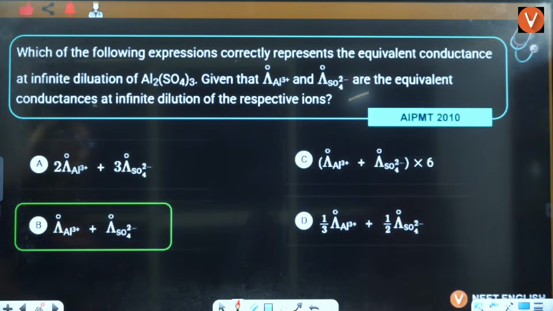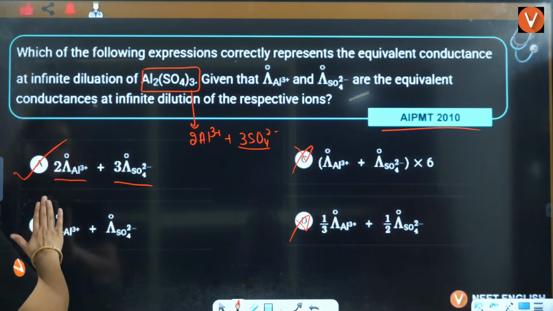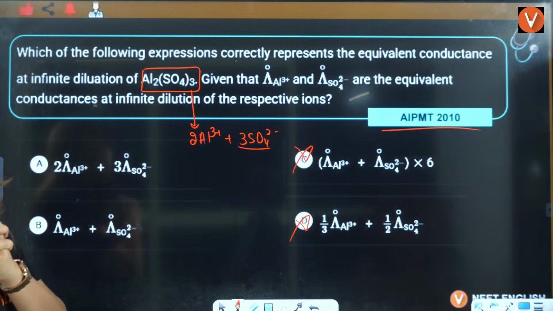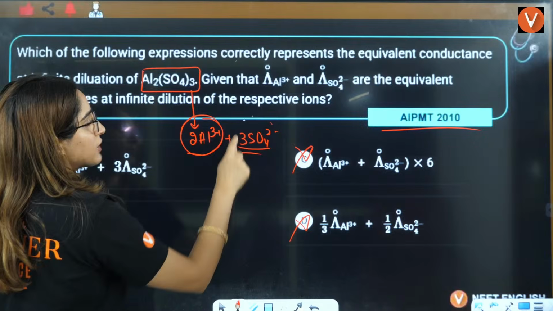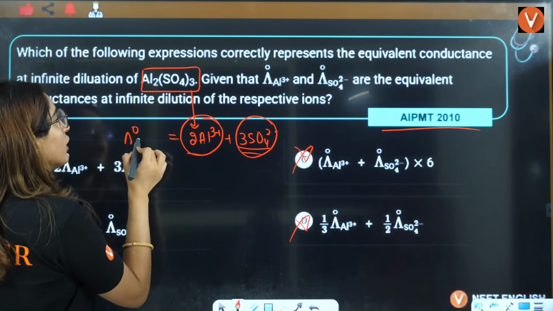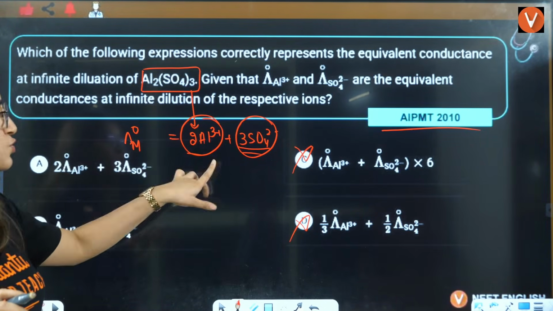Okay, so that's how, wait a minute, given these are equal, acha, they're asking you the equivalent conductivity. Yes, that's what I was thinking. Yes, equivalent conductivity. They are not asking you guys the molar conductivity. In molar conductivity, you will multiply it with the number of ions. So the molar conductivity of Al2SO3 thrice is going to be this.